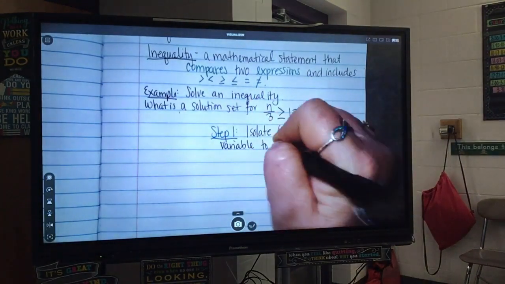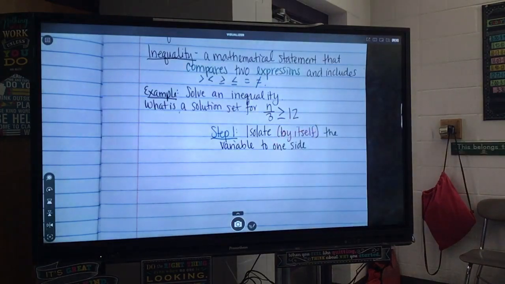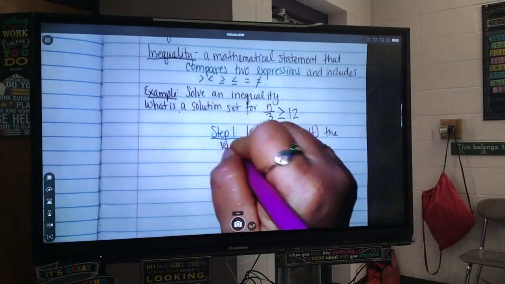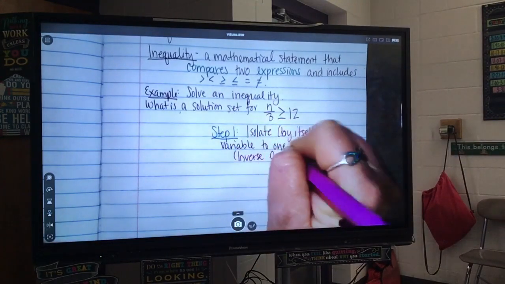And how do we do that? How do we get the variable by itself on one side? What do we have to use? Inverse operation.